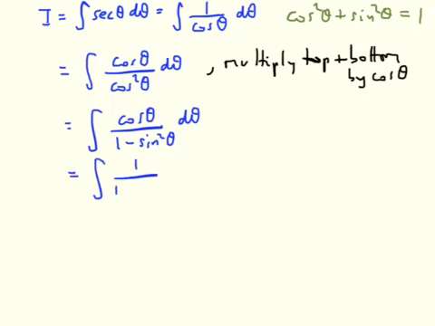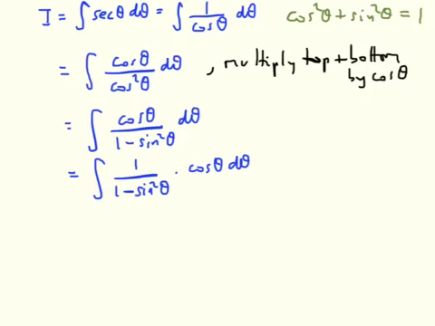We have 1 over 1 minus sine squared theta, and this is multiplied by the cosine of theta integrated with respect to theta. And when we look at the integral written in this way, this is a function of the sine of theta, and this is the derivative of the sine of theta.